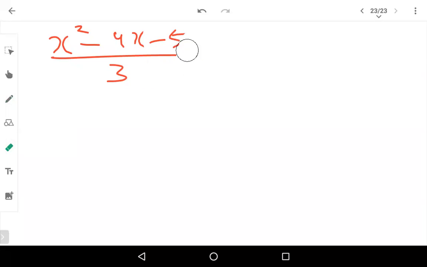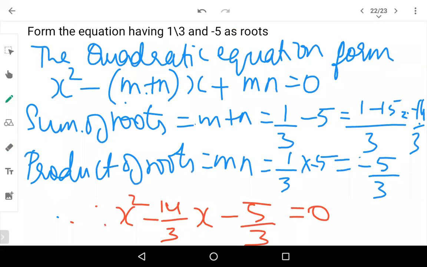There's no 5x, minus 5 is equal to 0. Okay, now what happened? Okay, minus of minus you're talking about. Yeah, minus of m plus n is again minus.